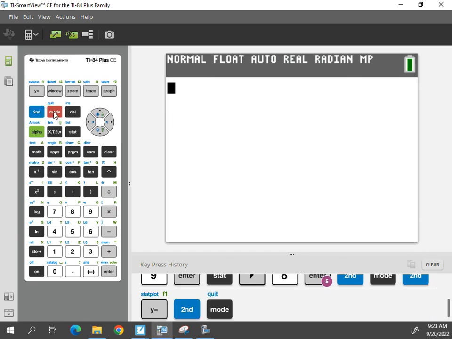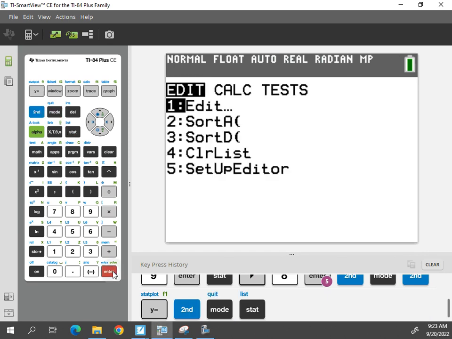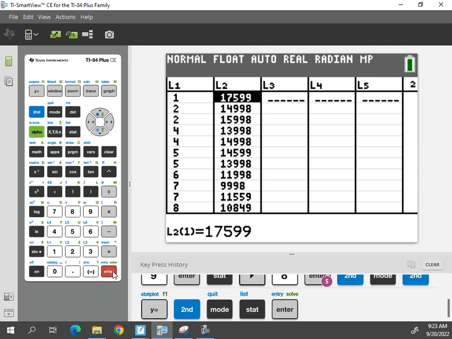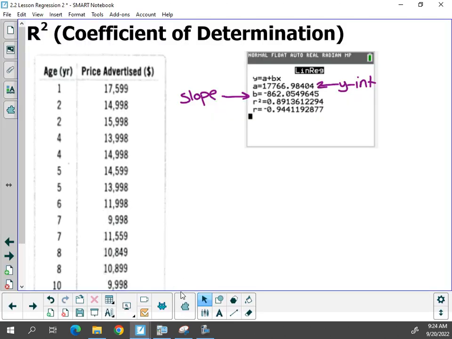Oops. In my list 2, my first data point was wrong, so I apologize for that. So if my information looks different than it did last time, it's because I went and I fixed that. So we have that slope. The ideas that we talked about were still the same. We just had the wrong value because I wasn't as careful as I should have been.